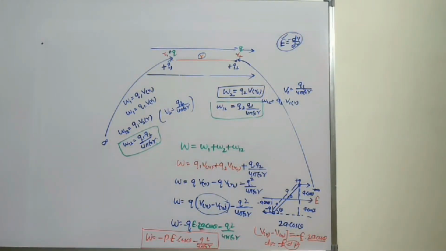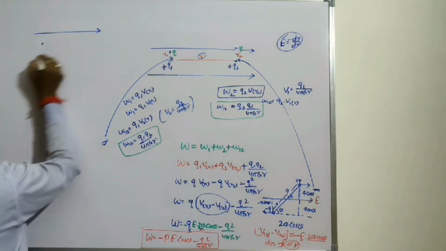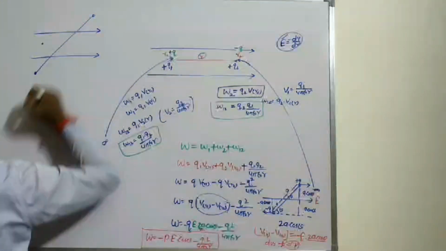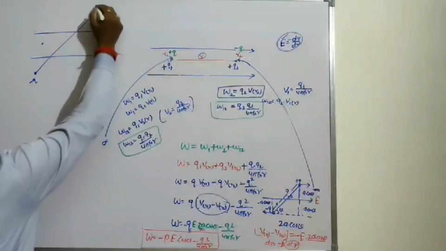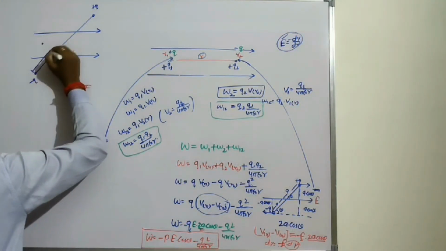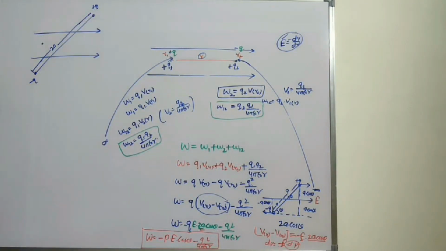And this expression we can also derive in another form: the work done to rotate an electric dipole in a uniform field. So we get another expression. Look here. Suppose this is a uniform field and this is an electric dipole, minus q and plus q, with separation 2a.